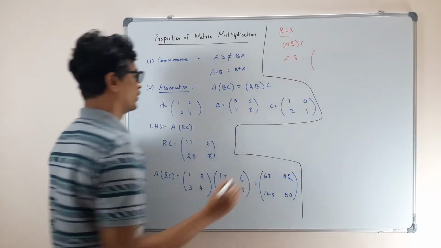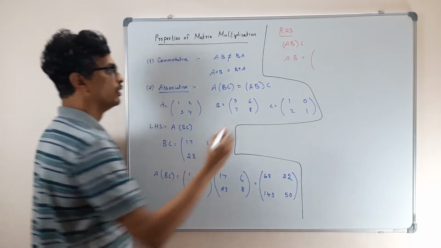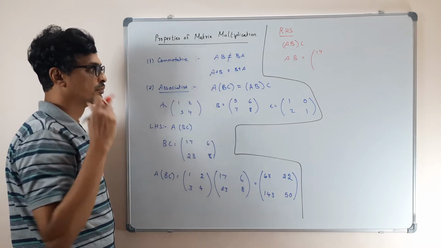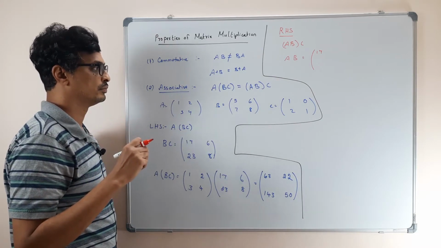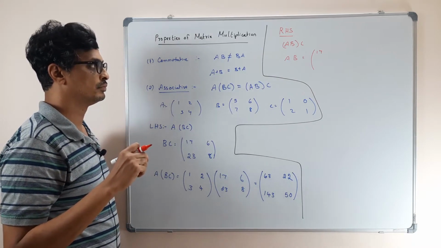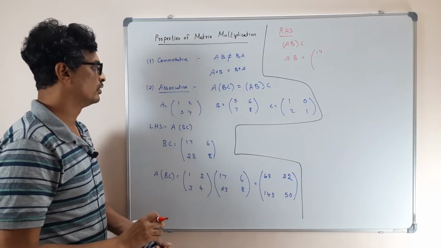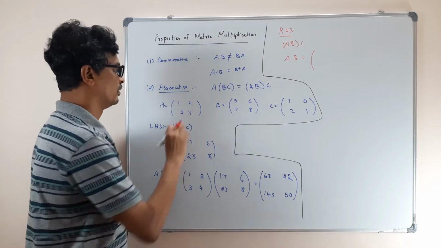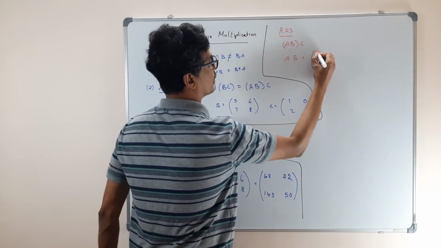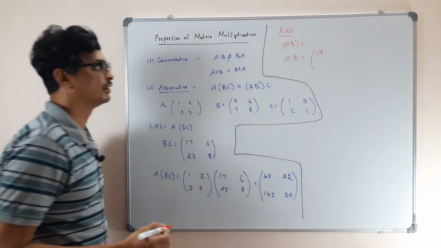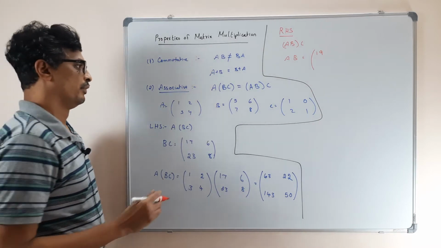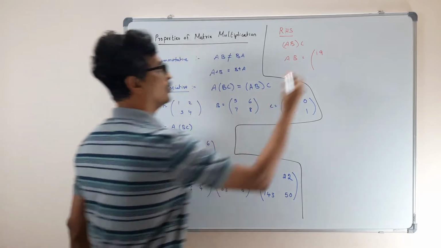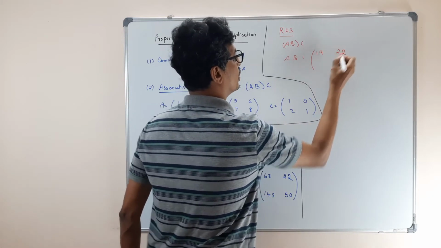First one is 17. No, first one is not 17. First one is wrong. It's 19. 14 plus 5, 19. Second one will be 6 plus 16, 22.